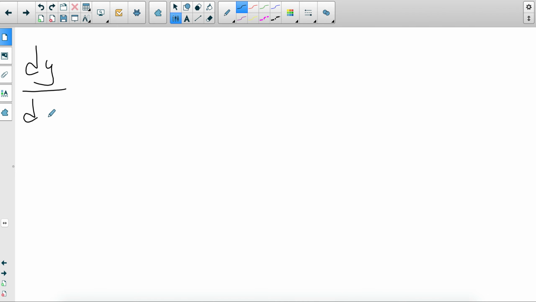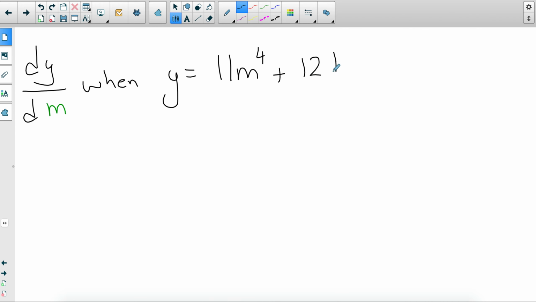So the question is find dy by dm when y is equal to 11m to the power of 4 plus 12d to the power of 3 plus 9d to the power of 2 plus 14d plus 15. So do pause the video. All I'm going to do in the next few seconds is write down the solution.